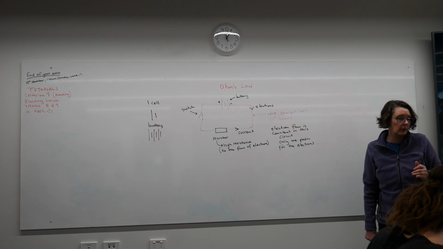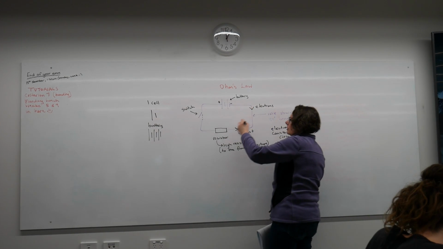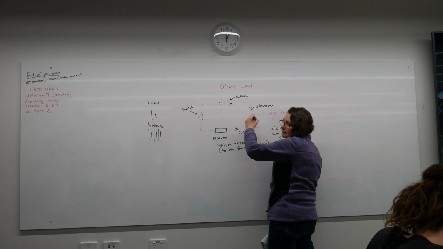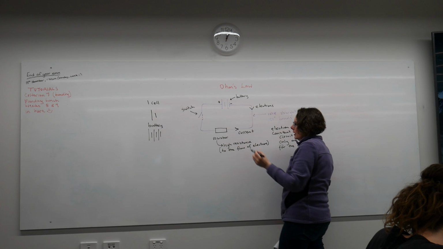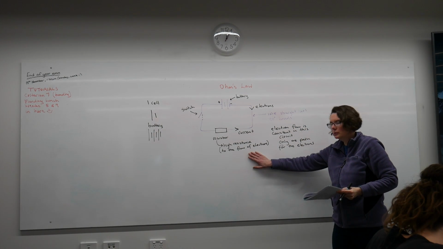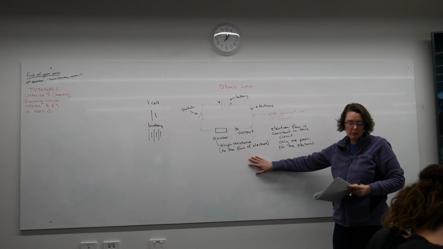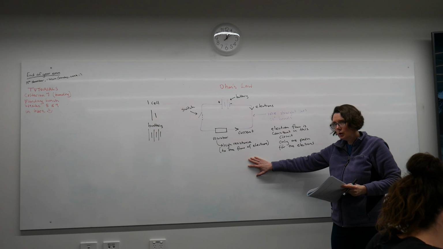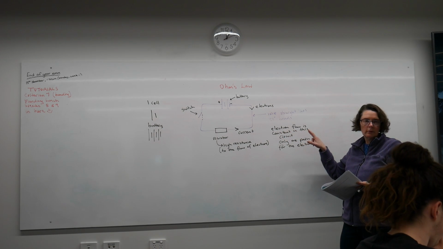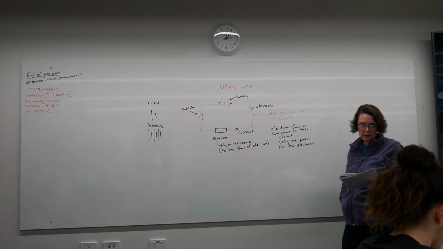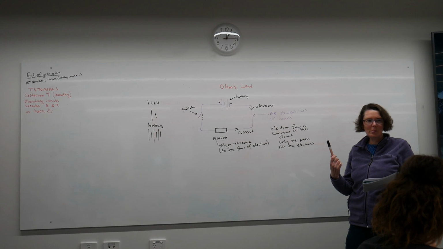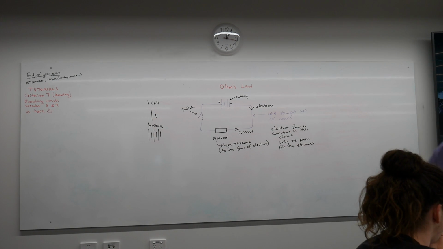In this simple circuit, they can only go round and round like this. And depending on what the resistor is, this is going to determine the flow rate for all of the electrons in this circuit.